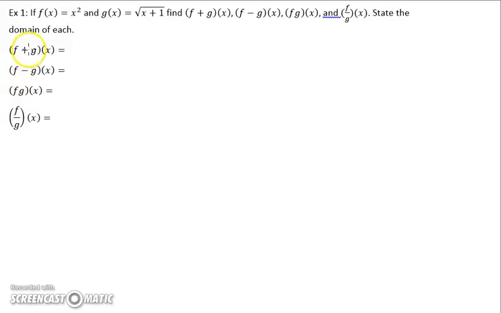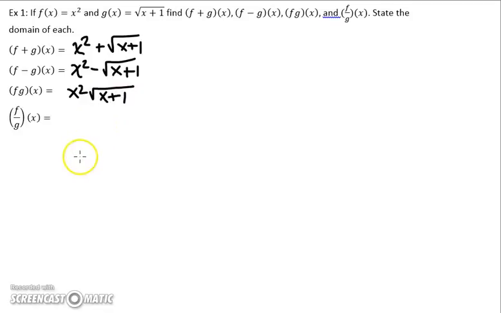We'll find each one first, and then we'll talk about the domain. f plus g of x is f of x plus g of x. f minus g is f of x minus g of x. f times g is x squared times the square root of x plus 1, and for divided, we get this. Very straightforward, very easy.